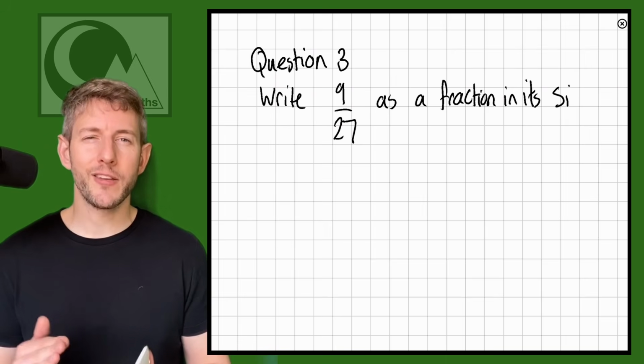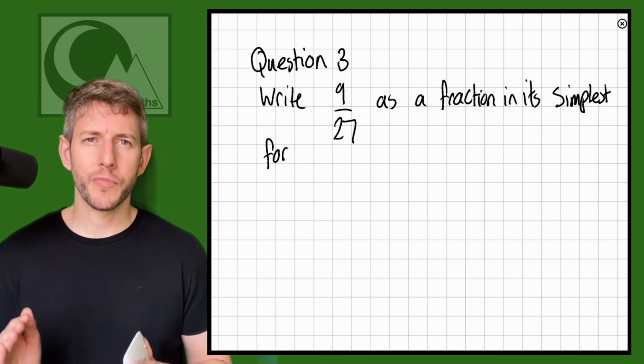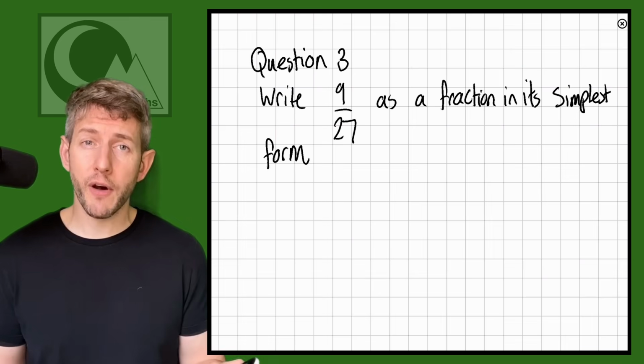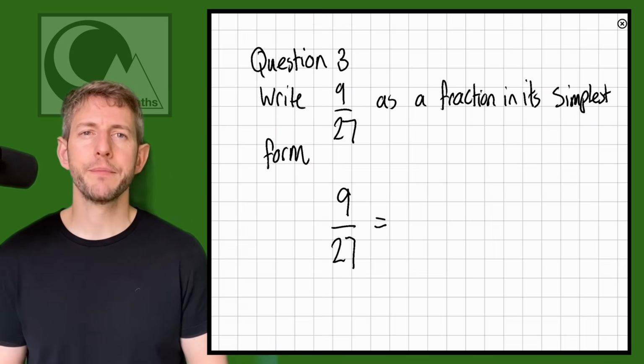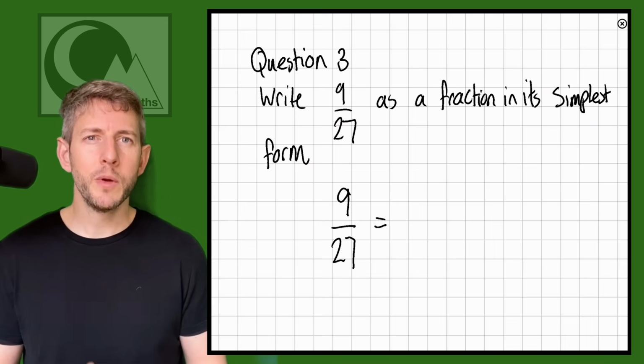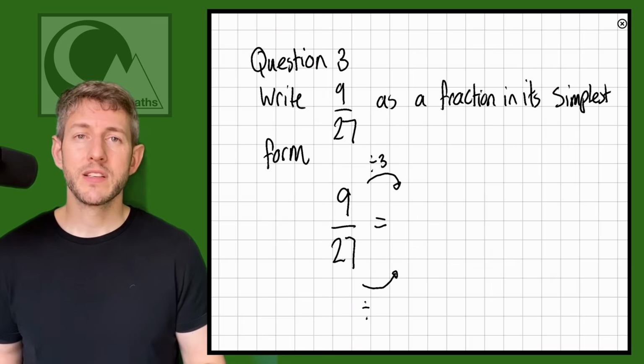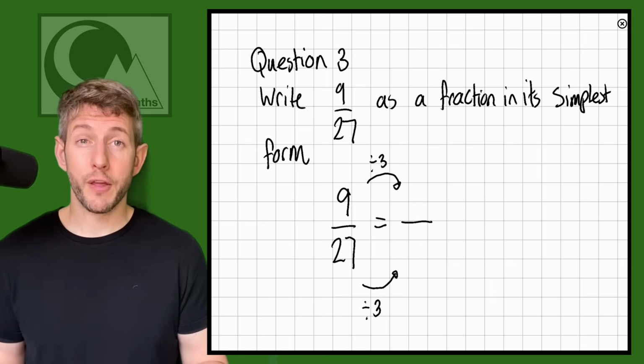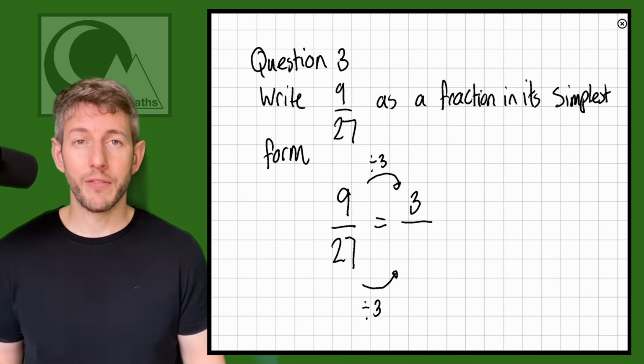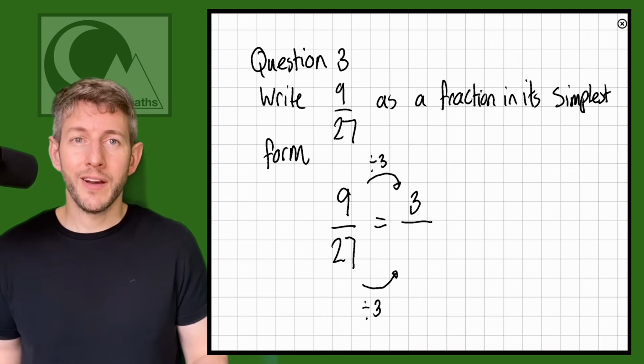Let's have a look at question 3. Question 3 says 9 over 27. Right, so this one, we can't halve either of them to start off with. They're not even. But I know that 3 goes into 9 and 3 goes into 27. So if I divide 9 by 3, I get 3. If I divide 27 by 3, I get 9.